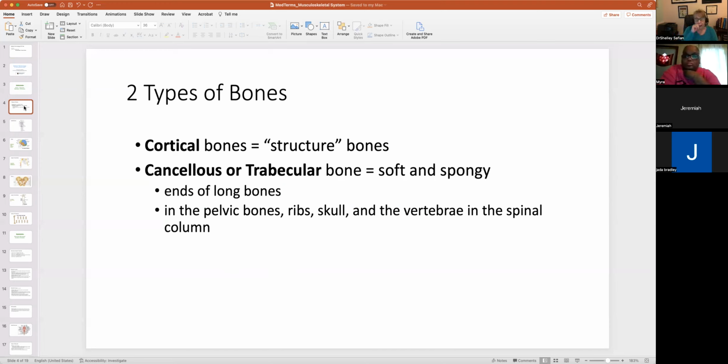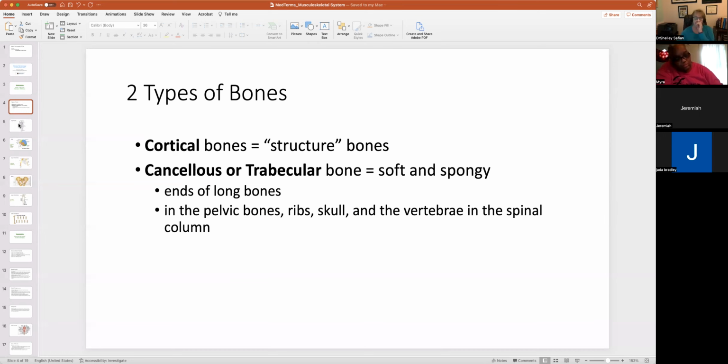And they are also found in the pelvic bones, the ribs, the skull, and the vertebrae and the spinal column. And you will note that these are juncture bones. They are found at the juncture, whether between bones or other organ systems. So that's why they have to be soft and spongy, as opposed to the hard and fast bones that you have in your cortical bones.